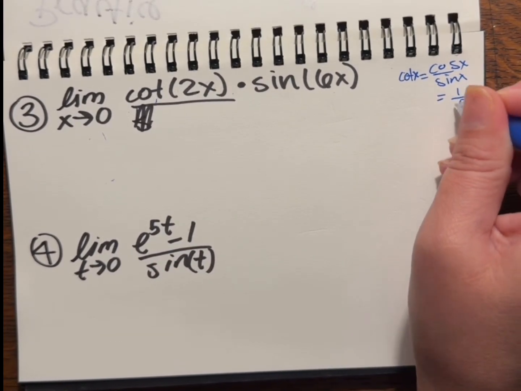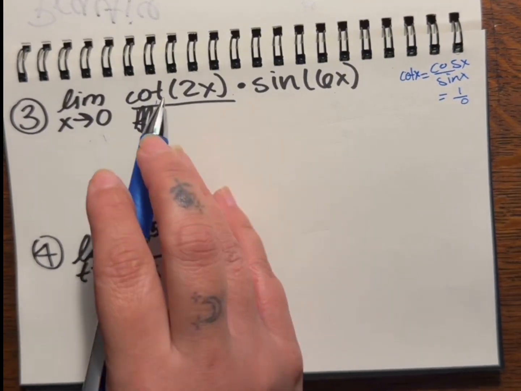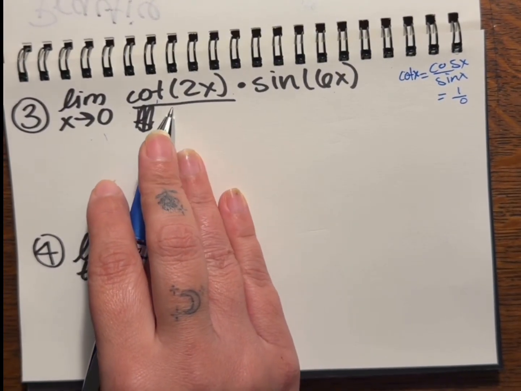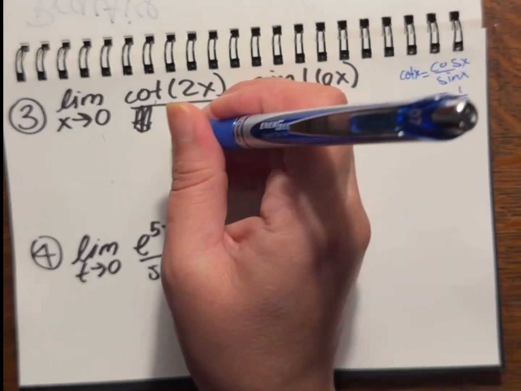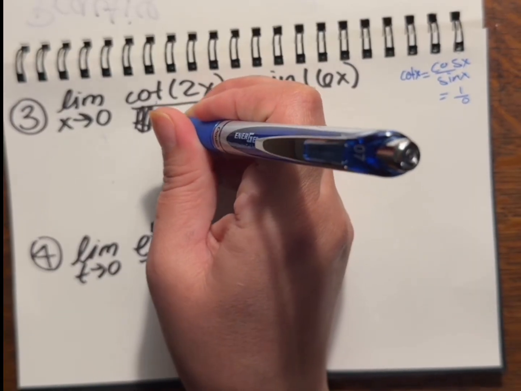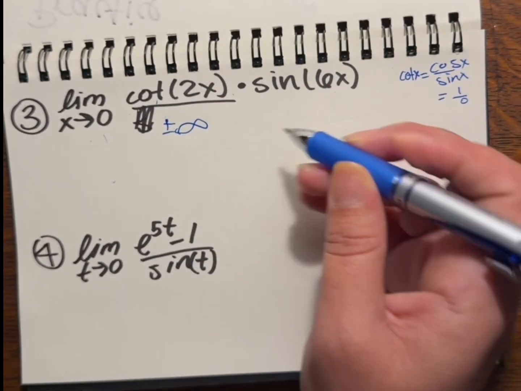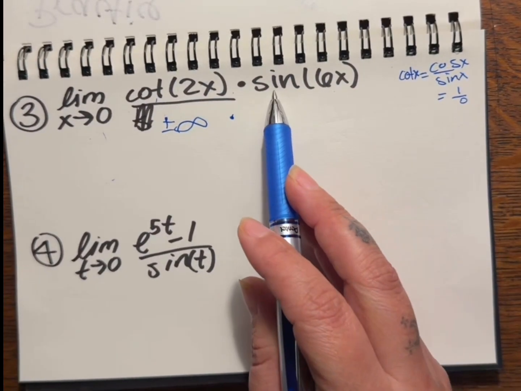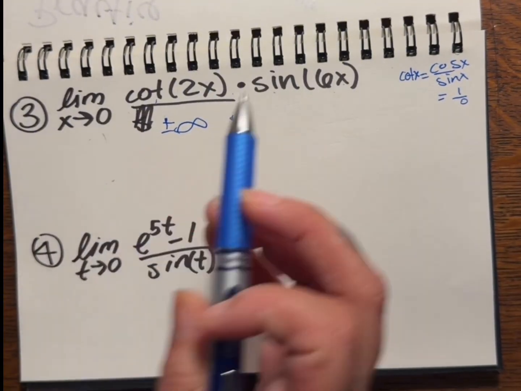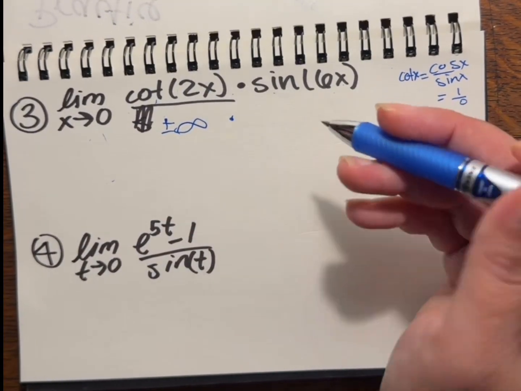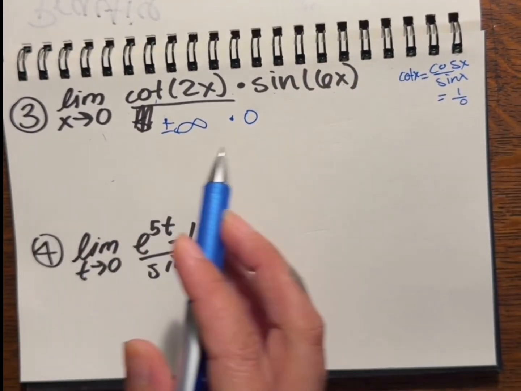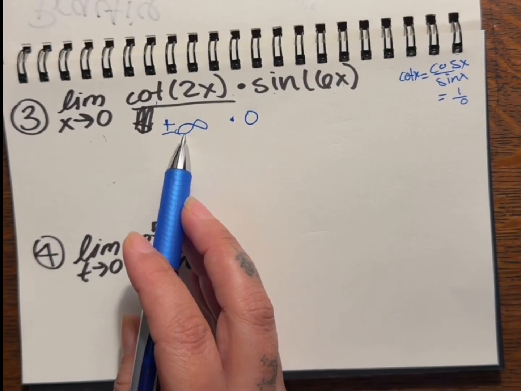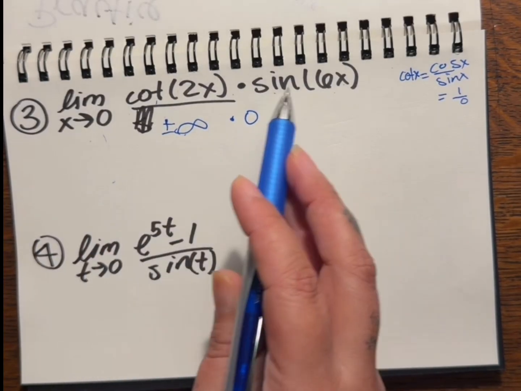So this is undefined. And we know by the graph that this is going to be approaching either positive or negative infinity. Okay. And then sine 0 is 0. So now we notice that we have this indeterminate form, product, right?